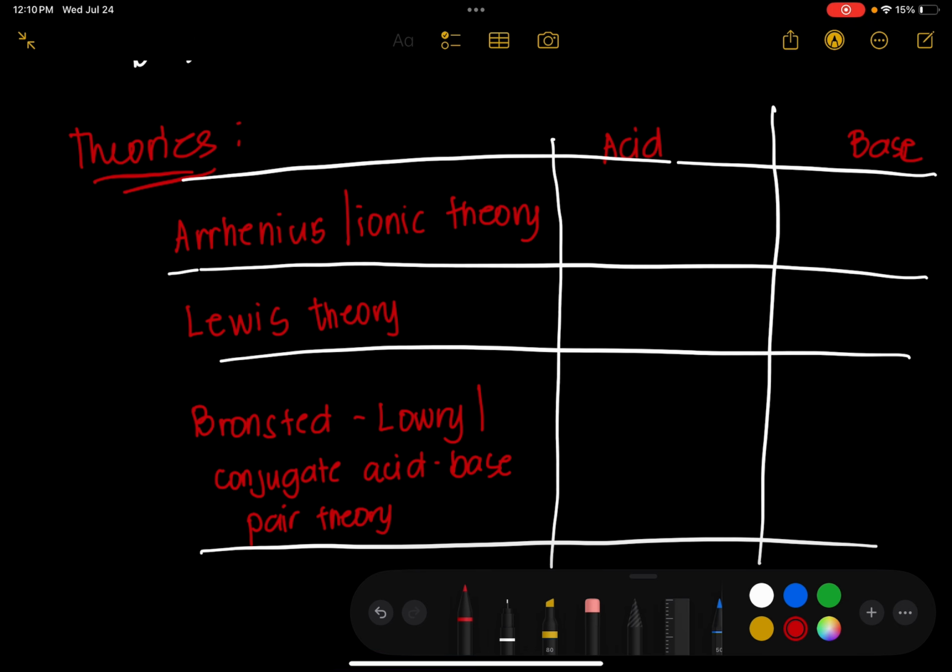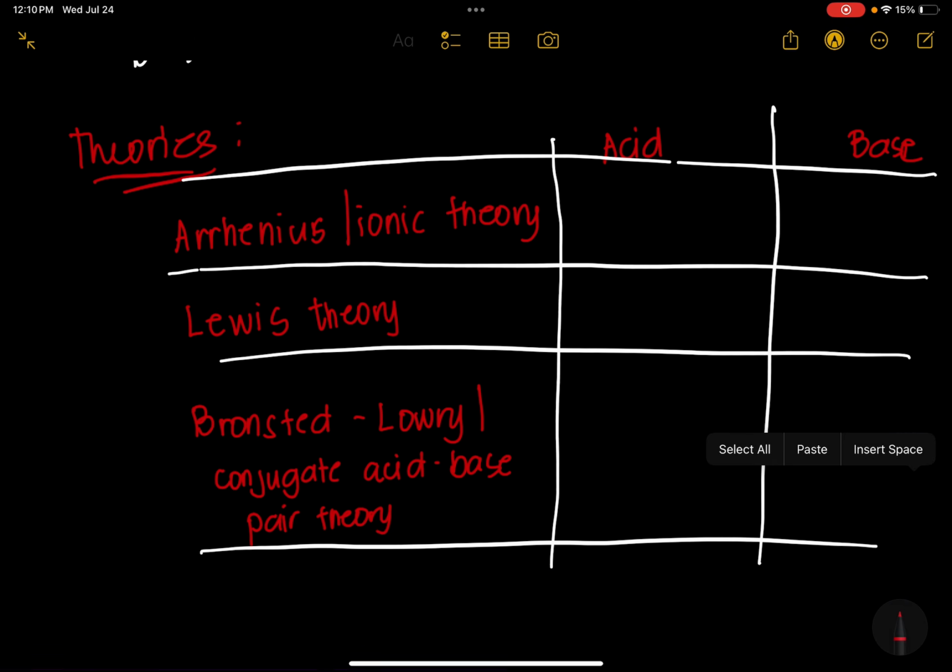So, hambal ni Arrhenius or ionic theory, ga-yield ang acid sang hydrogen in water solution. However, hambal naman ni Arrhenius, si base naman, ga-yield OH in water solution.